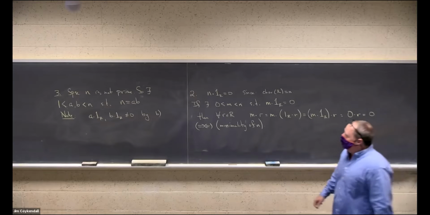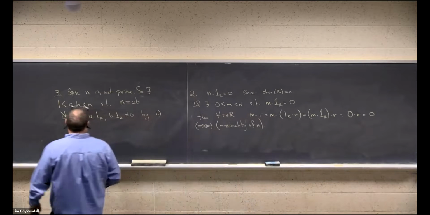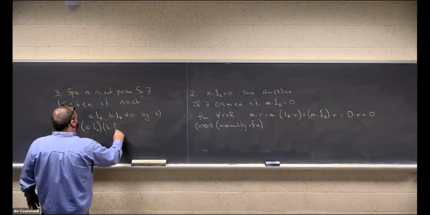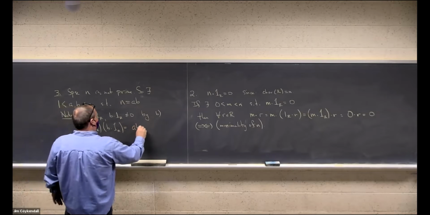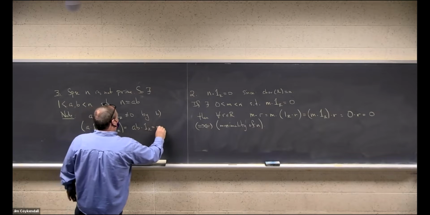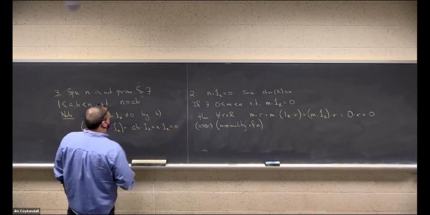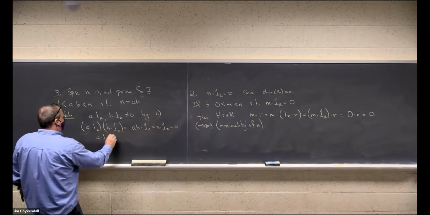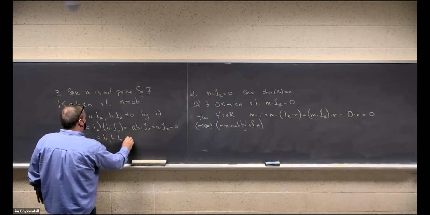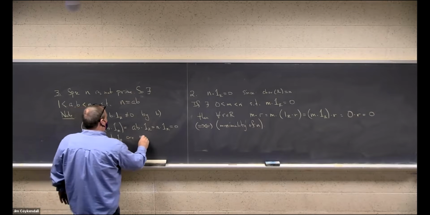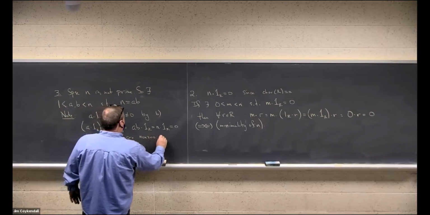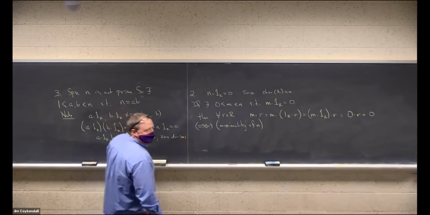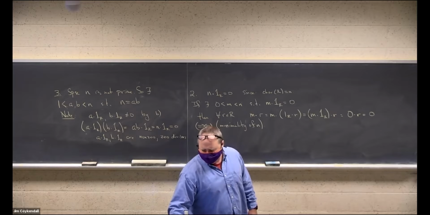And a and b are smaller, so these two can't be 0. But if you multiply, and so a times 1r and b times 1r are non-zero divisors. So not prime automatically gives you non-zero divisors.